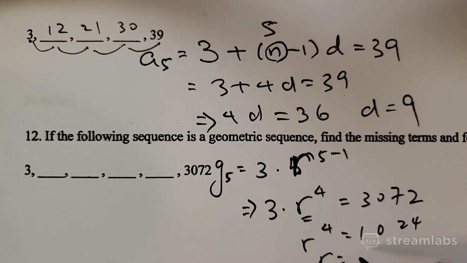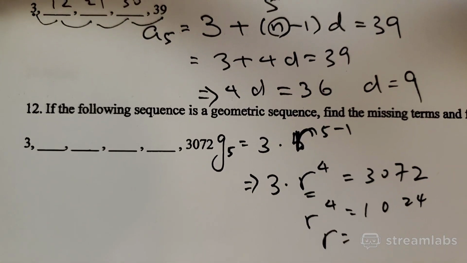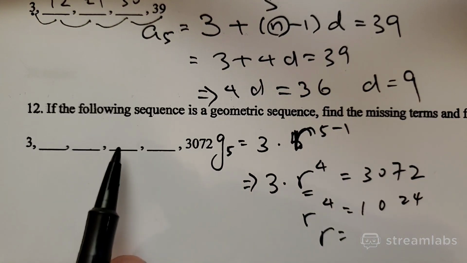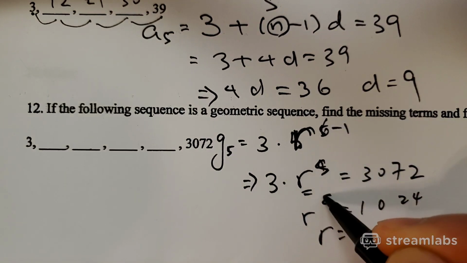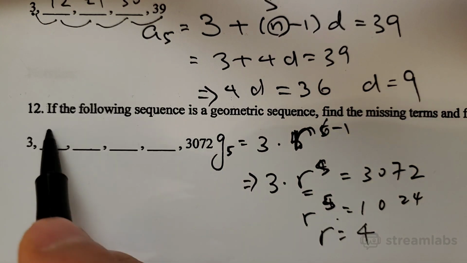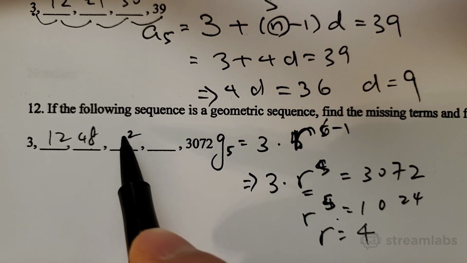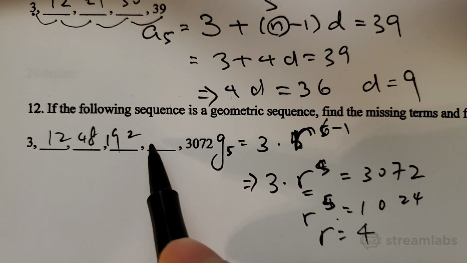So r turns out to be 4. So you times 4 each time.